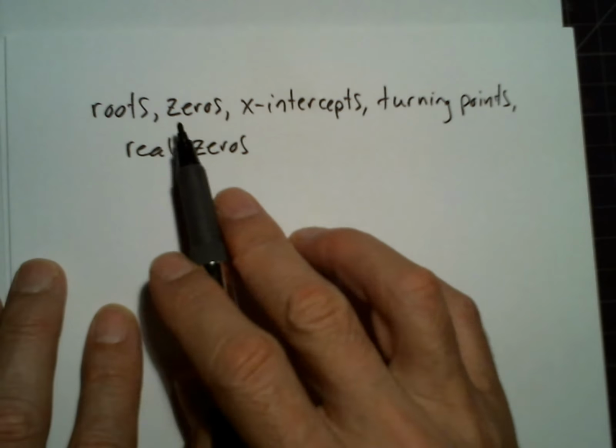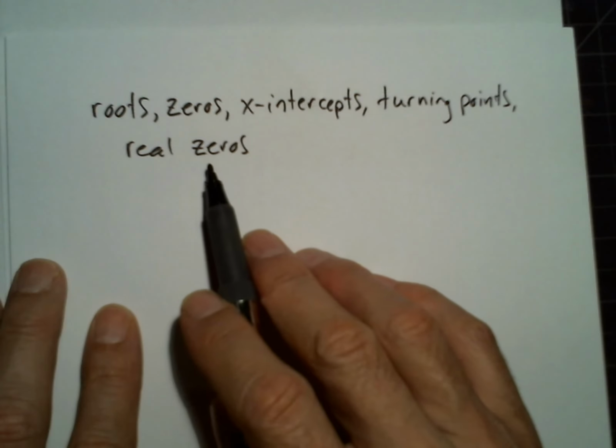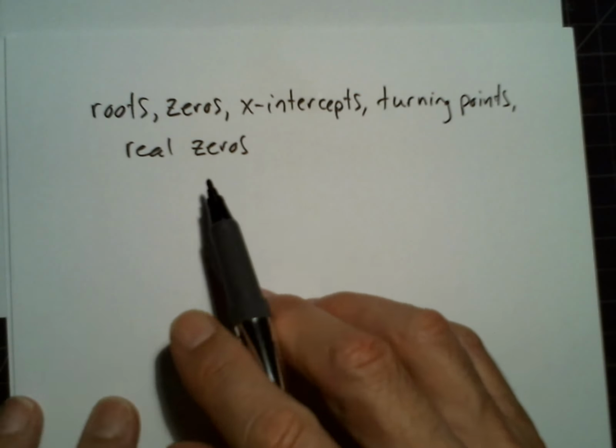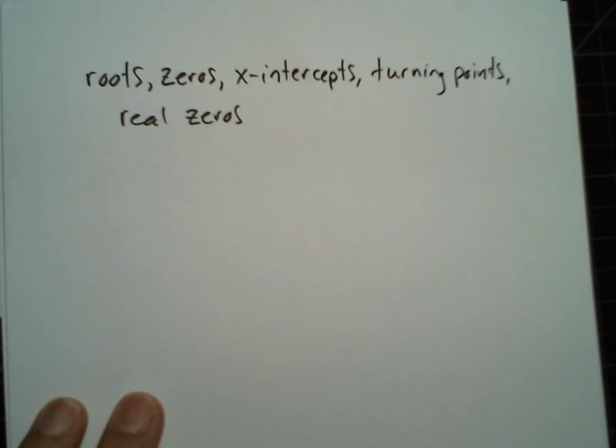Root, zeros, x-intercepts, and real zeros can all be used. It's possible they all represent the same thing, and that can be confusing because you have all these different words.